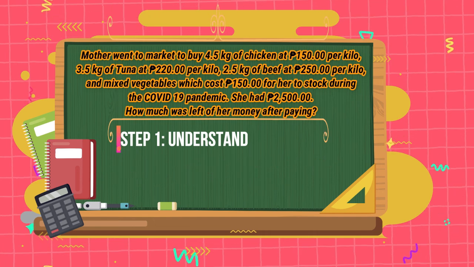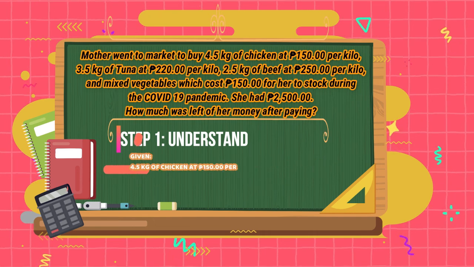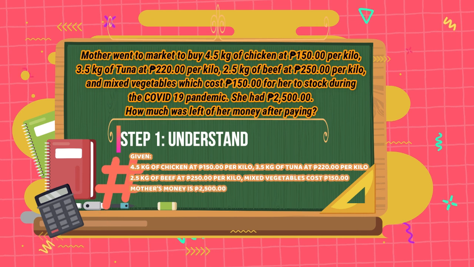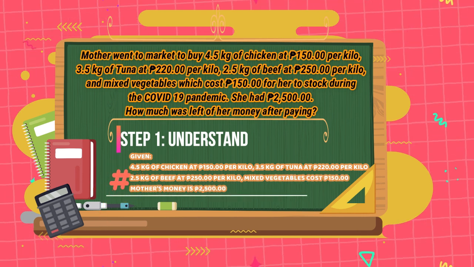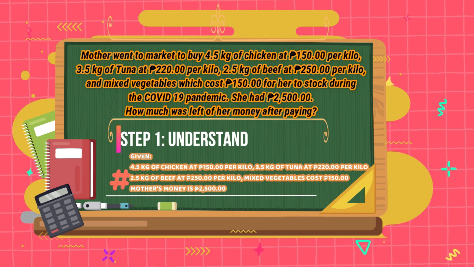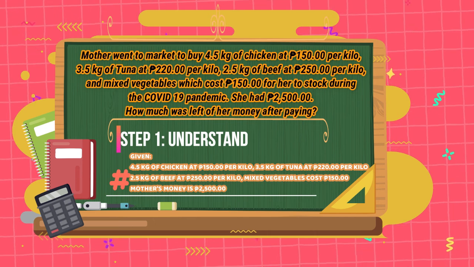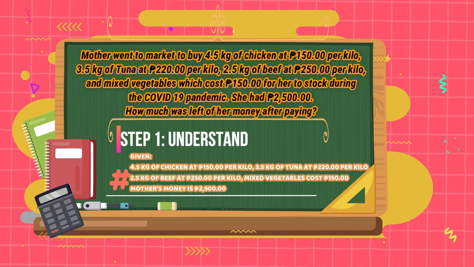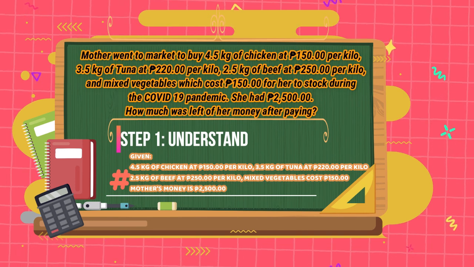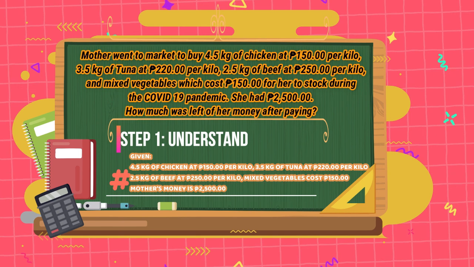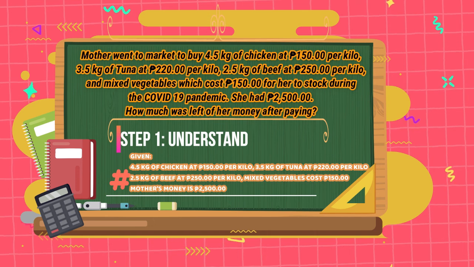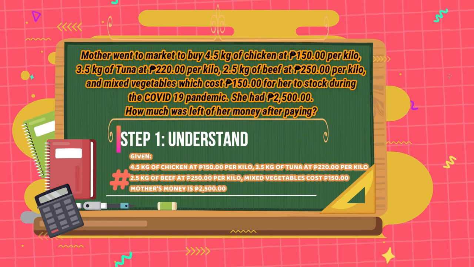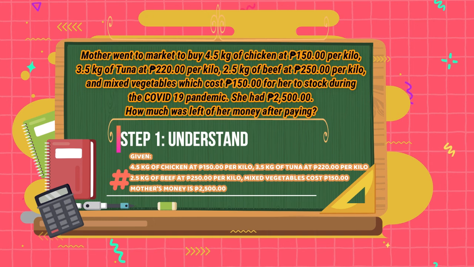Then, what are the given? Very good. The given are 4 and 5/10 kilogram or 4.5 kilogram of chicken at 150 pesos per kilo and 3 and 5/10 kilogram or 3.5 kilogram of tuna at 220 pesos per kilo and 2 and 5/10 kilogram or 2.5 kilogram of beef at 250 pesos per kilo, and also mixed vegetables which cost 150 pesos.